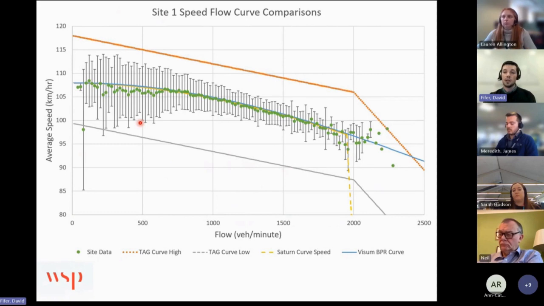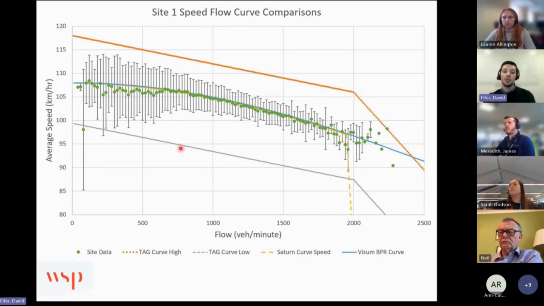So if we look at the data range, we can see that the TAG curve, the form doesn't really match the data. If we look at this data, there isn't really an obvious breakpoint for this secondary gradient.